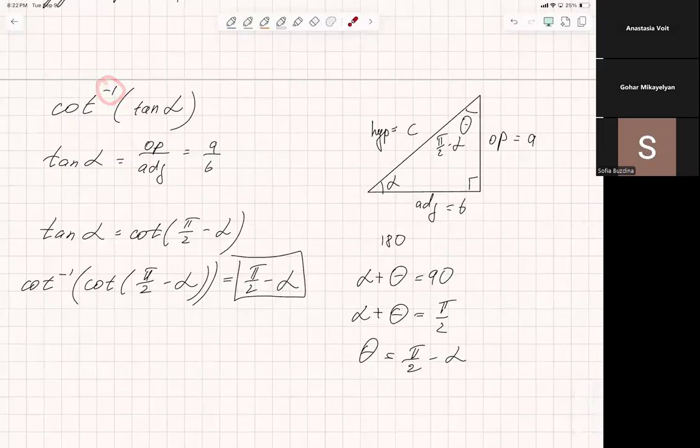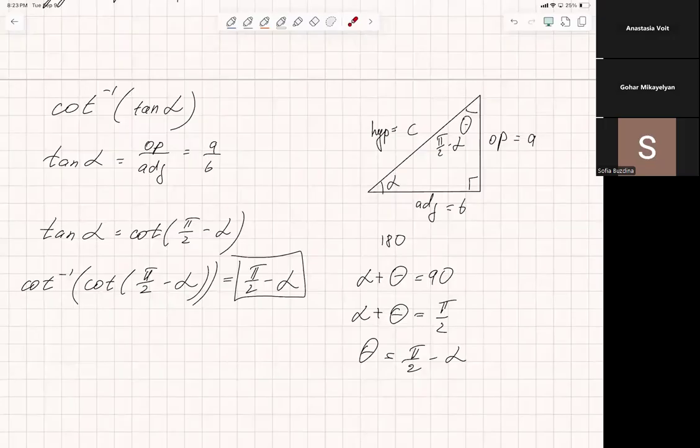When you have it the other way around, you'll need to remember this pi over 2 minus alpha thing: the sum of the angles is 180 degrees, or pi, and this one is half of pi, so the other two will end up being just pi over 2. This is the way that you solve it.